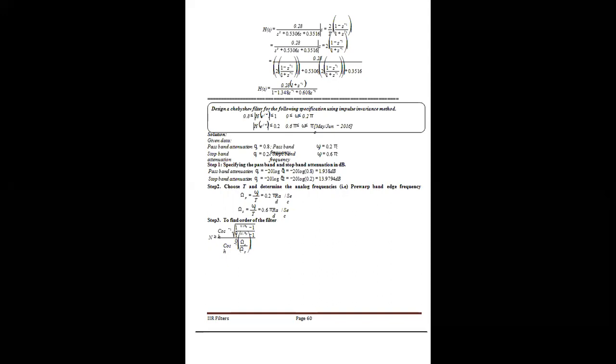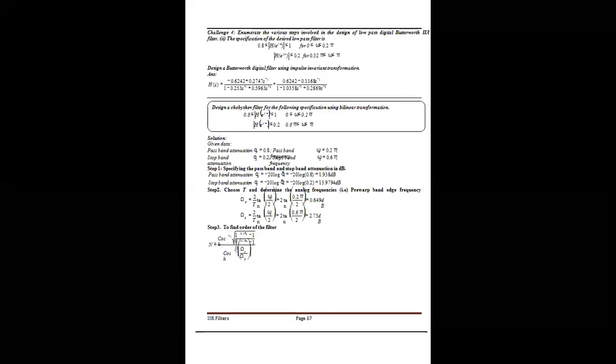Okay, so what are all the steps we have seen? The first step, we have the given data. Second, we find the passband and stopband attenuation in decibels. Third step, we choose T and determine the pre-warping frequency. Fourth step, we find the order of the filter. Fifth step, we find the poles. For finding the poles, we should know the values of mu, epsilon, A, B, K, everything.